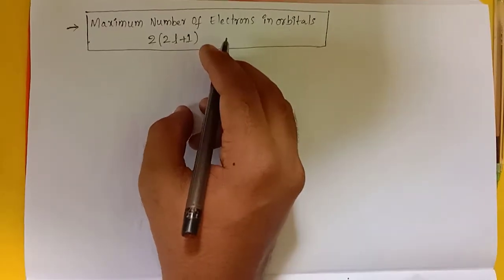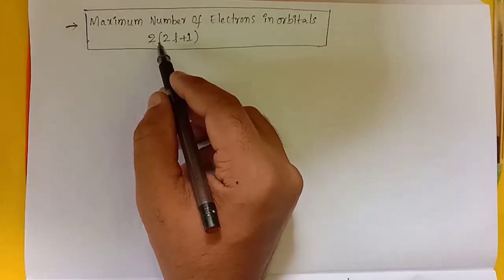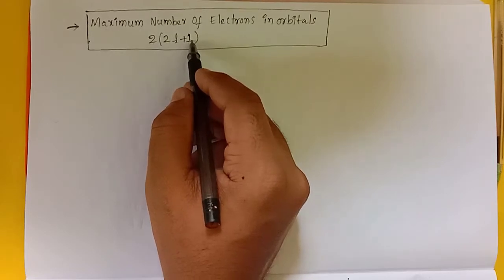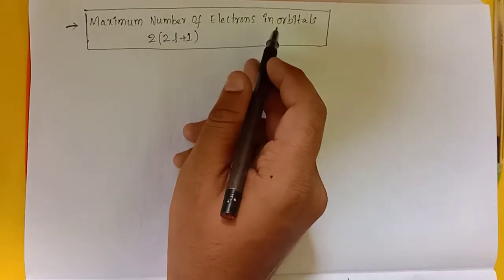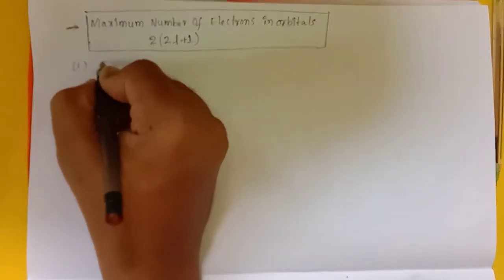Let us calculate the maximum number of electrons in orbitals, which was given by Lande, 2 into 2L plus 1. This is the formula to calculate the number of electrons in orbitals. So let us calculate for the S orbital.